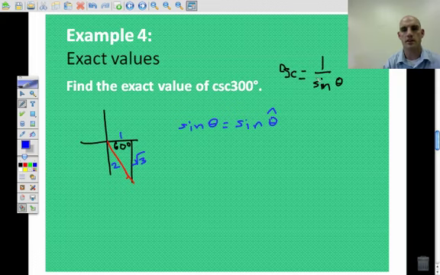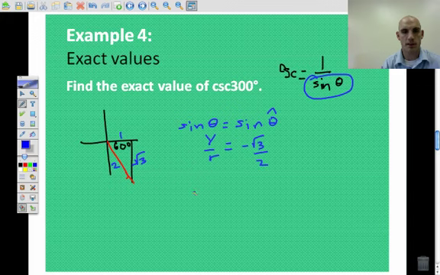And I'm finding sine because that's what I'm going to need up here. So if that's equal to sine of theta hat, this is y over r, and that's going to give me negative square root 3 over 2.